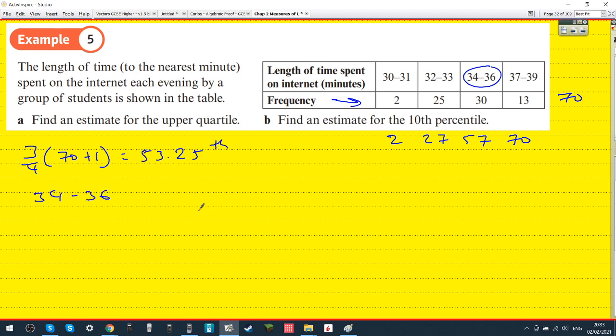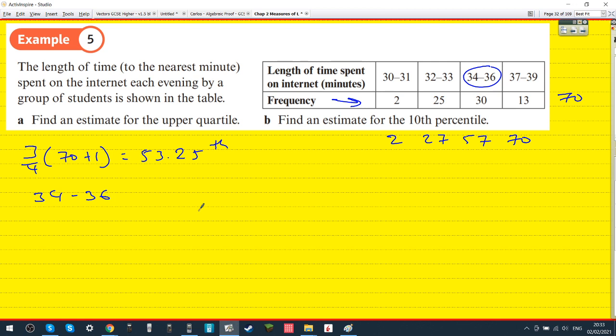How else could you estimate it? Would it be the number in between?